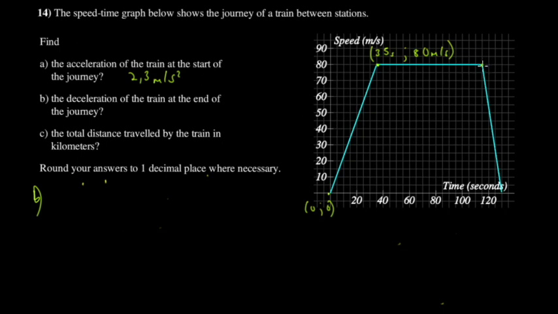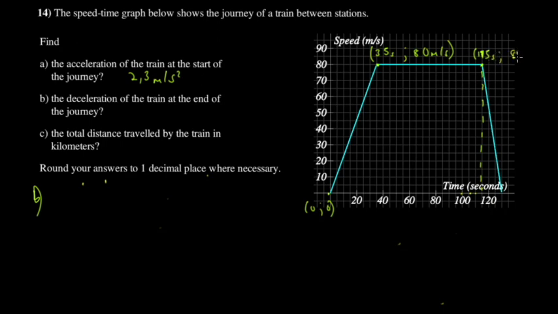Okay, so this point here, it'd be here. This is 100. Let me actually extend the line here. So this is 100, this is 5, 110, 15, so 115 seconds.